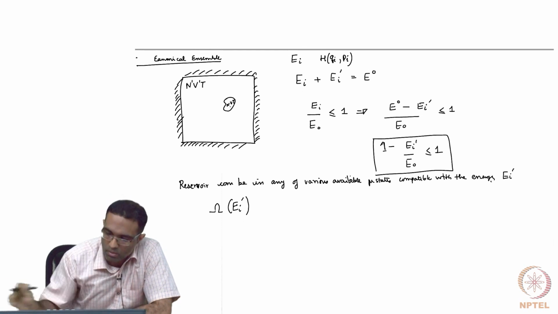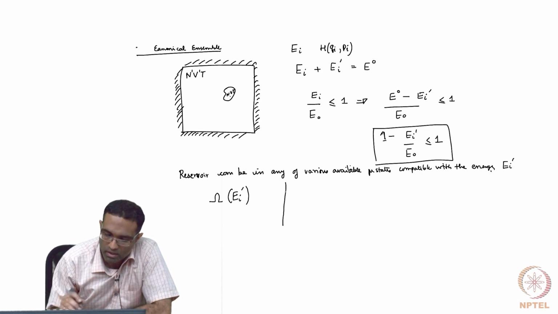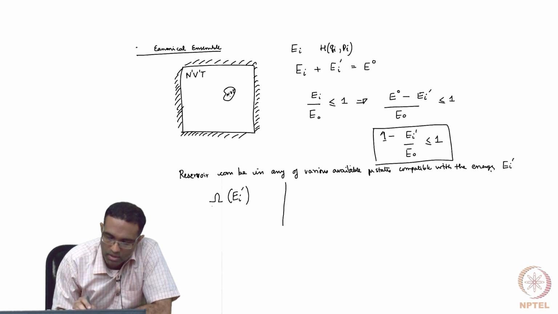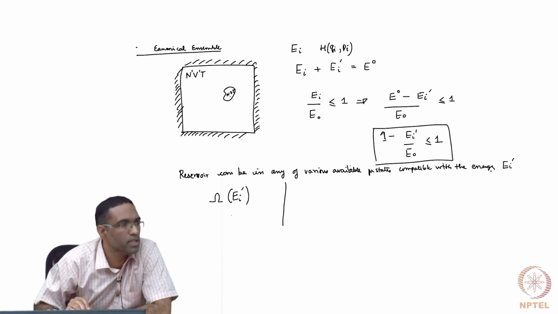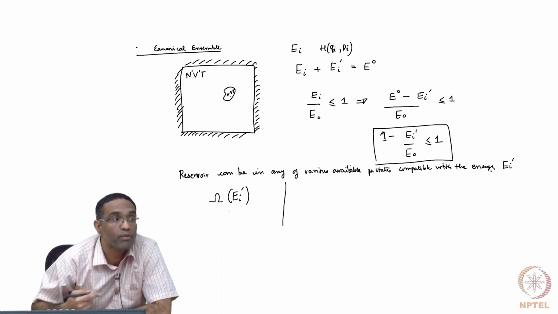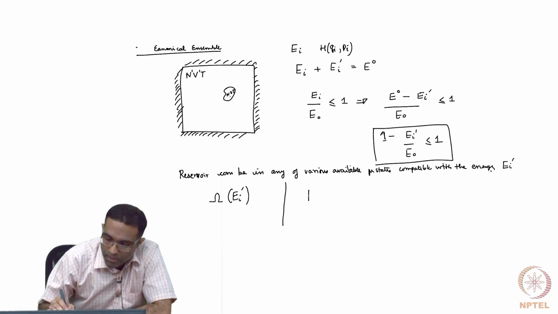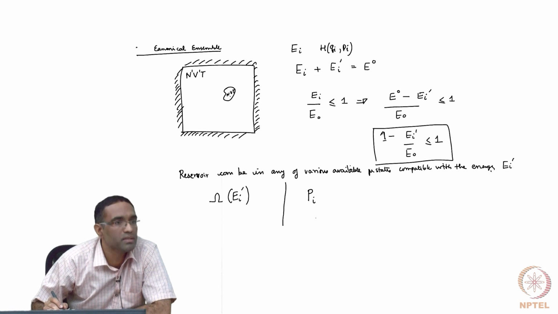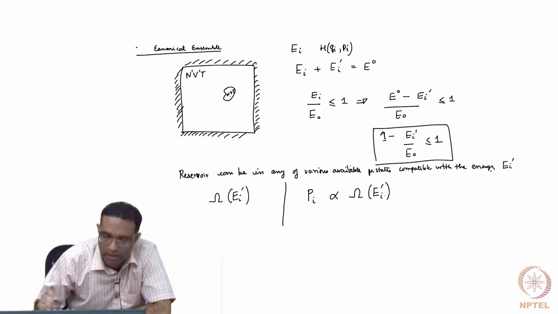Now, the larger the number of microstates for this particular energy EI prime, the greater is the probability that you will find the reservoir in the energy state EI prime, which means the greater the probability that you will find the system at energy EI. So Pi, which is the probability that the system is at energy EI, is proportional to omega of EI prime.